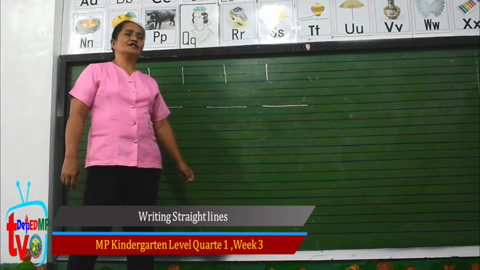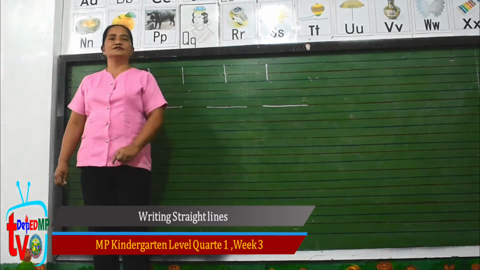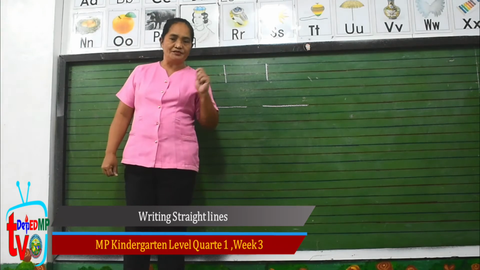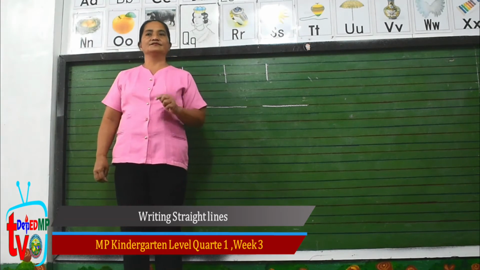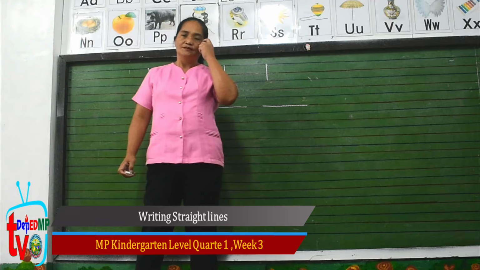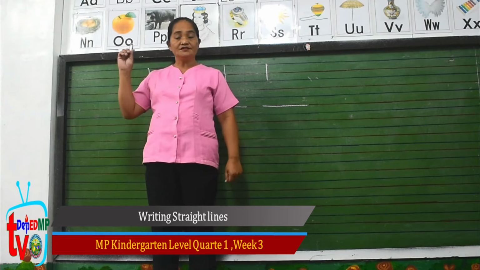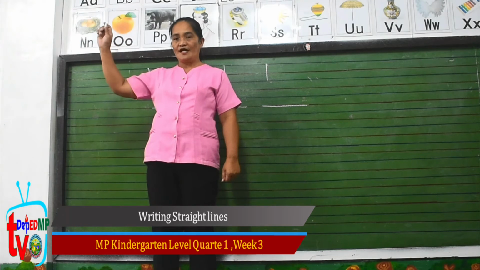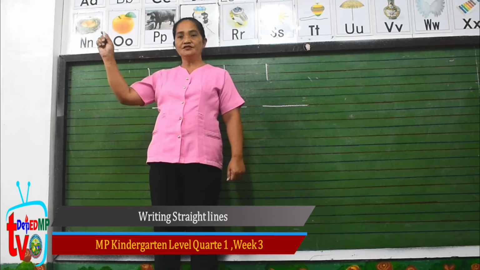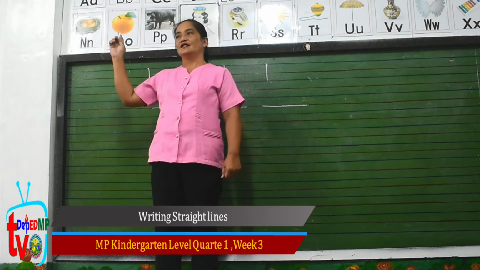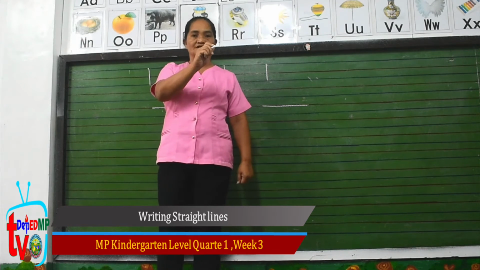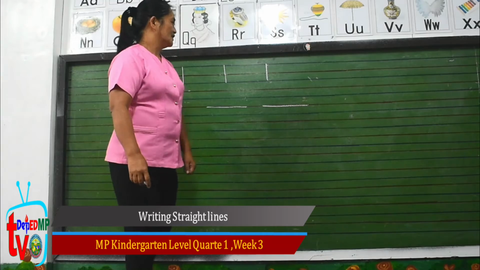Let's try again to write it also in the air. Get your pencil and paper, then start. Start writing it. One from your left, going to your right. Again, left to right. Okay, very good. That's it.